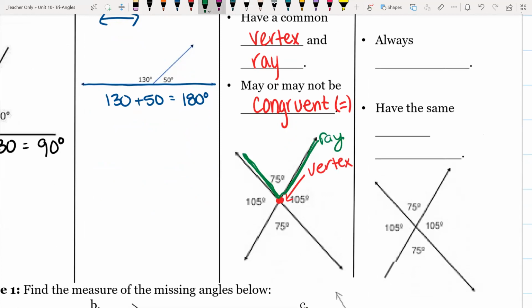So two adjacent angles are ones that are right next to each other. So it could be these two, or these two, or these two, right? Because they all share that vertex, or these two. And if you notice, they're not congruent, right? So sometimes they are, sometimes they're not.